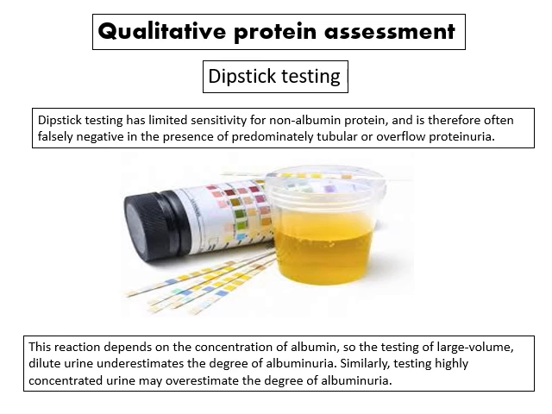And also the reaction of the dipstick depends upon the concentration of albumin. So testing diluted urine or large volume urine underestimates the degree of albuminuria, and similarly, testing highly concentrated urine may overestimate the degree of albuminuria.